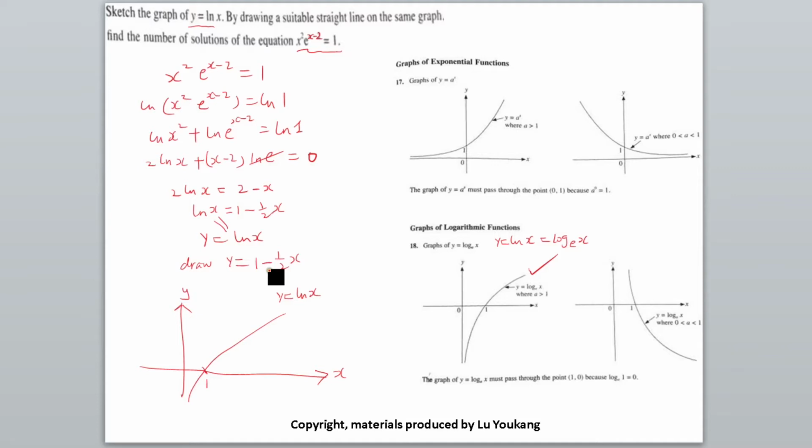And next, I have to draw my y equals to 1 minus half x. So to draw this graph, we need some points. So when x is equal to 0, what do I get? So when my y equals to 0, my x equals to 2.